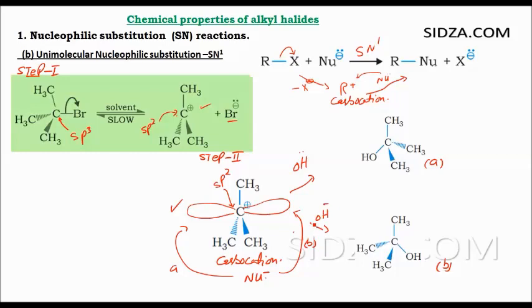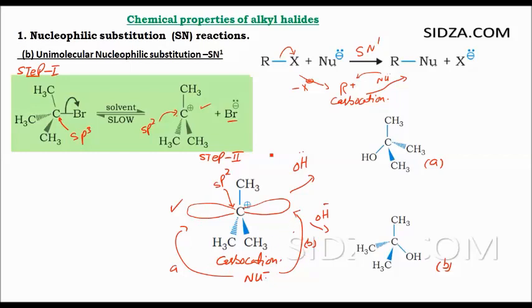Overall, we find that the SN1 mechanism occurs in two steps. First, the formation of a carbocation, and the second step, the attack of the nucleophile, and you get the product. And the nucleophile can attack from the back side or from the front side.